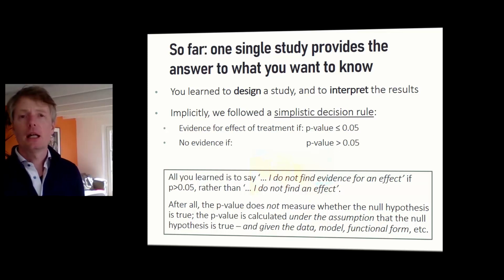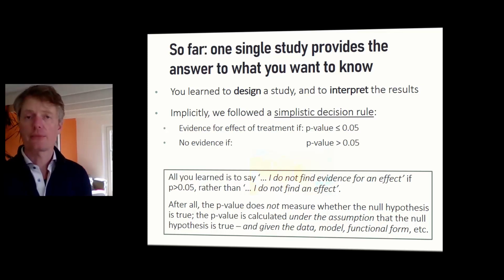And if you don't find a p-value of lower than 0.05, then there's no evidence. And that's all there is to it. And that was so far our approach, right? So if you do find a p-value of 0.05 or lower, then you say, well, this treatment has an effect, full stop.